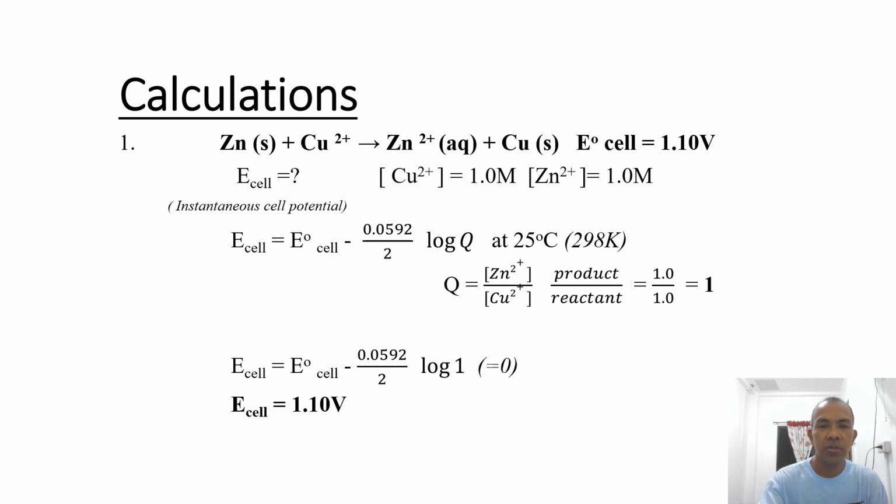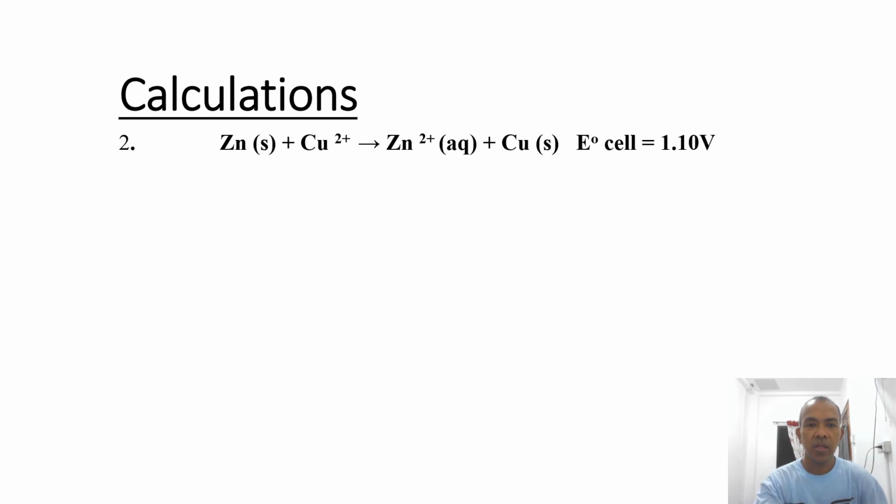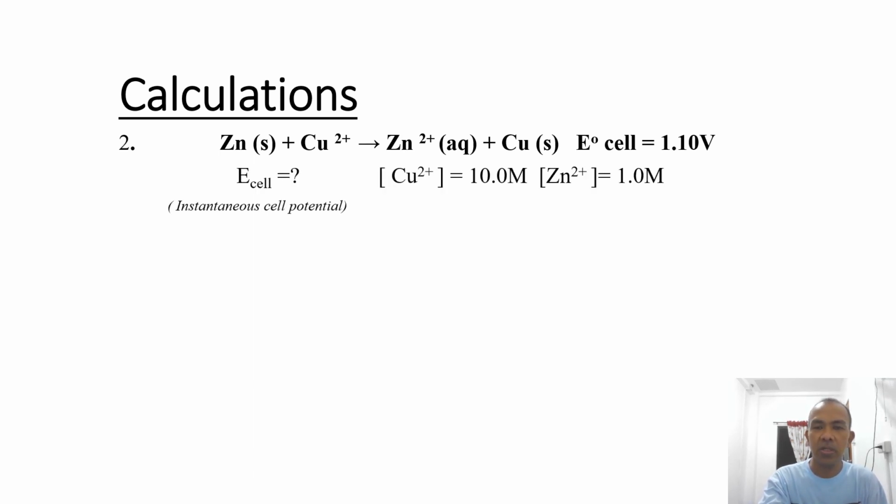So another example: solid zinc plus copper 2 plus, again with the standard cell potential of 1.10 volts. Copper 2 plus has a concentration of 10 molar, and zinc 2 plus a concentration of 1 molar.